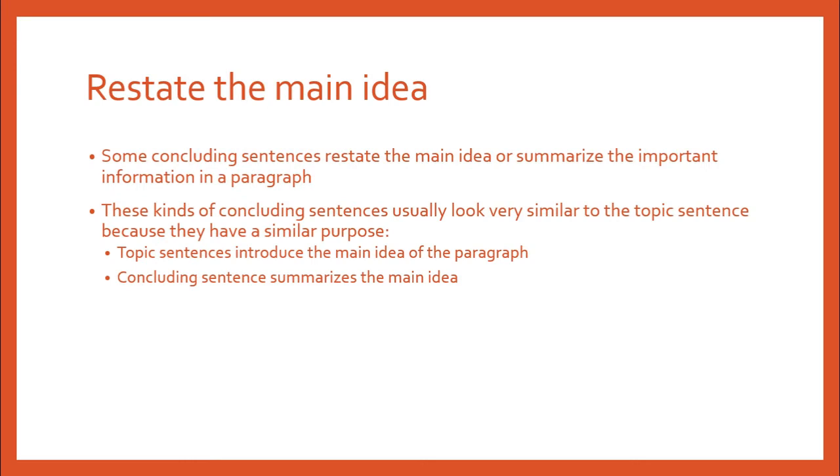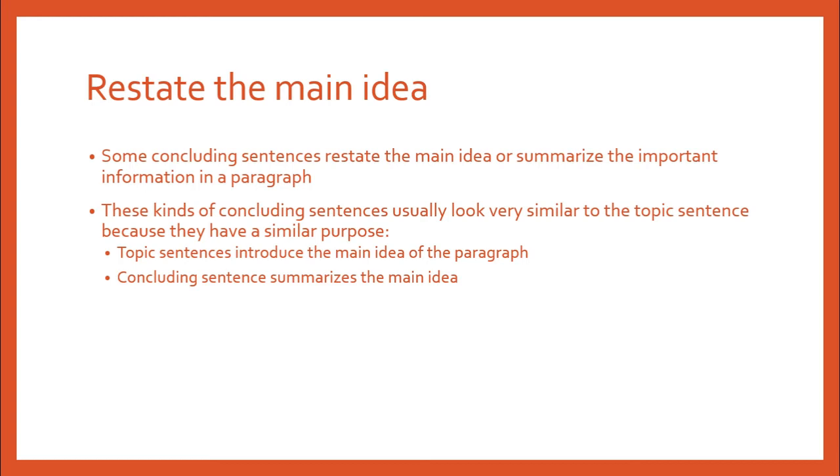So one of the most popular ways to end a paragraph is by restating the main idea. So some concluding sentences will summarize the important information in a paragraph in the last sentence. And when you have a concluding sentence that restates the main idea, usually it will look very similar to the topic sentence of the paragraph because they have a similar purpose.